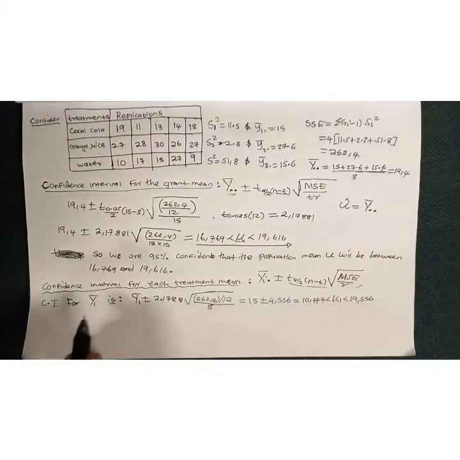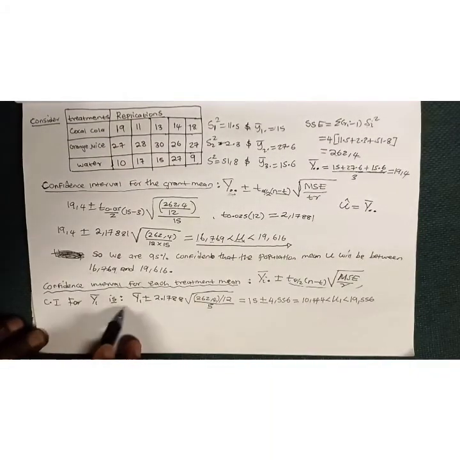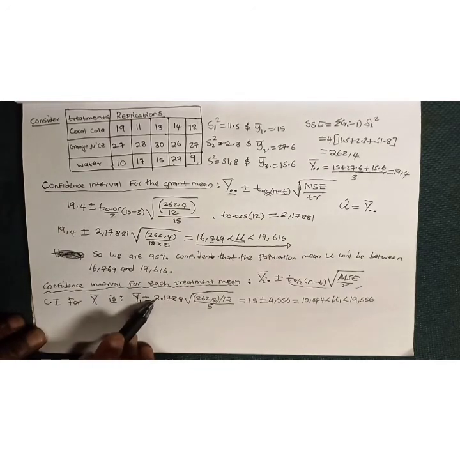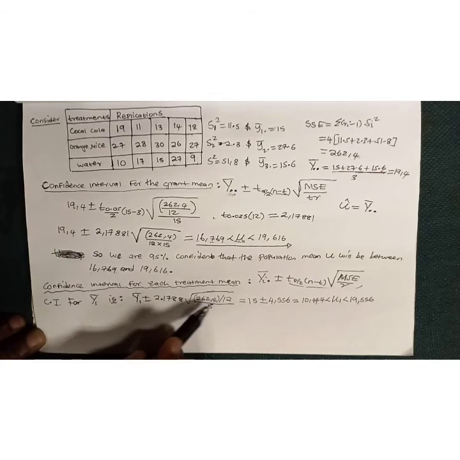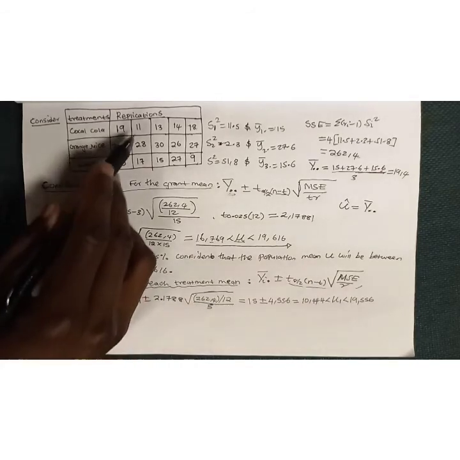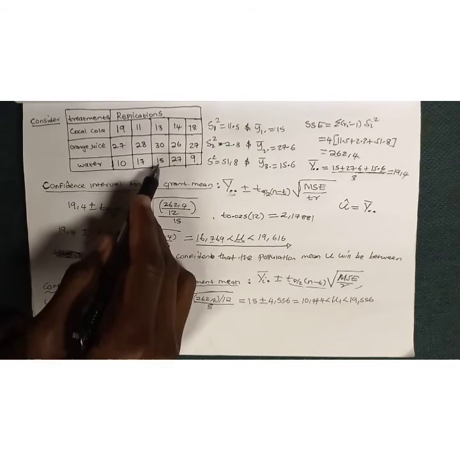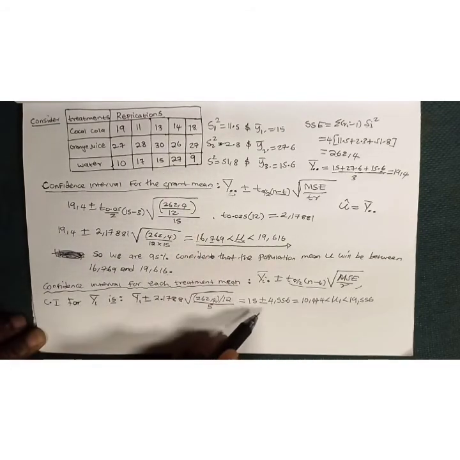The confidence interval for the first treatment is given by this: y bar 1 plus or minus 2.1788, then the square root of the MSE divided by 5, since we have 5 replications, if you can count here. So we get this.